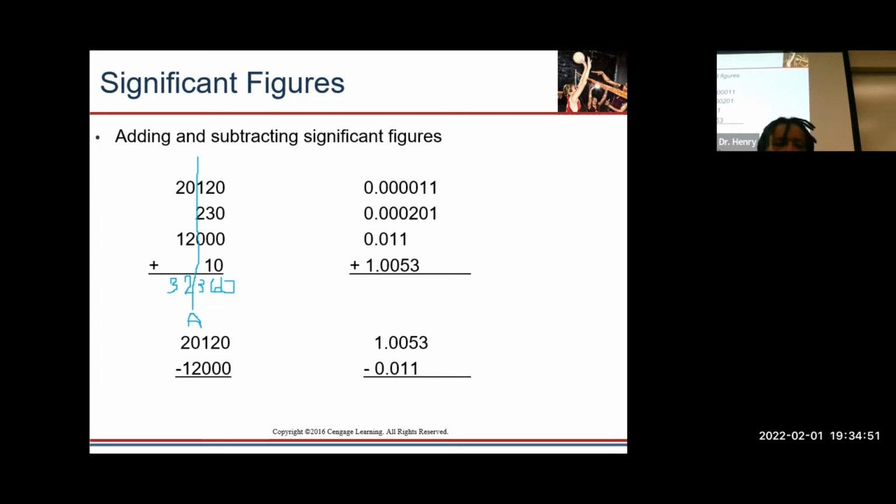Okay, so we're going to take a look at that 3 and decide, are we going to round this 2 to a 3, or are we going to leave it as a 2? Is 3 greater than 5? No? Okay, so then our answer is going to be 32,000. Piece of cake? Okay, so let's do the next one.